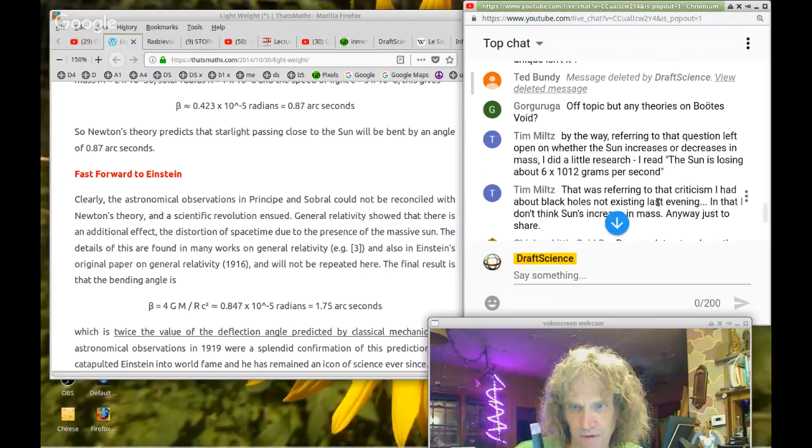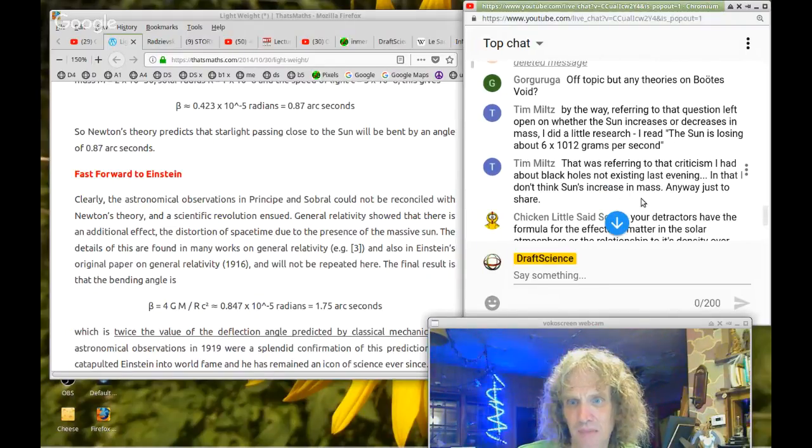That was referring to the criticism that I had about black holes not existing last evening. Again, I just couldn't care in that I don't think the sun increases in mass anyway, just to share. Well, again, I don't even care. I've pointed out how I just couldn't give a shit whether the sun's getting heavier or lighter.